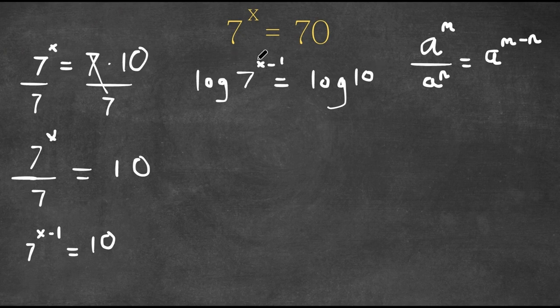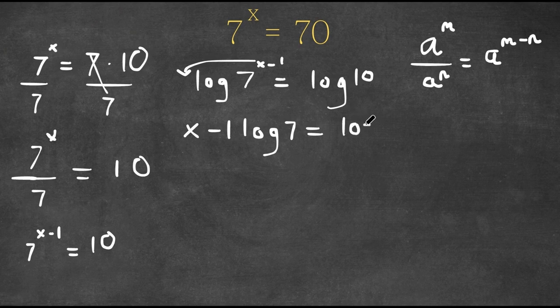Now, the power property of logarithms states that I can actually move this exponent here to the front of the log. So now this would be x minus 1 log 7 is equal to log 10.